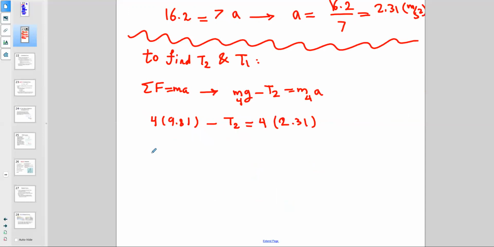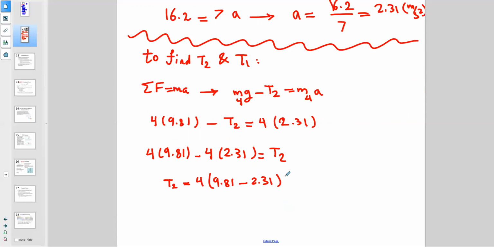So I have 4 times 9.81 minus 4 times 2.31 equals T2. So T2 then is 4 times 9.81 minus 2.31, which is 30 newtons for T2.